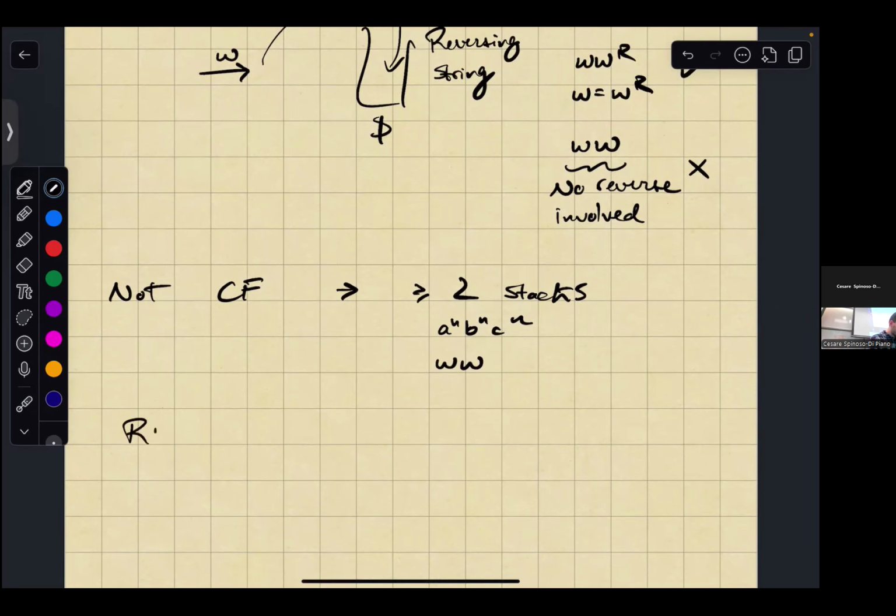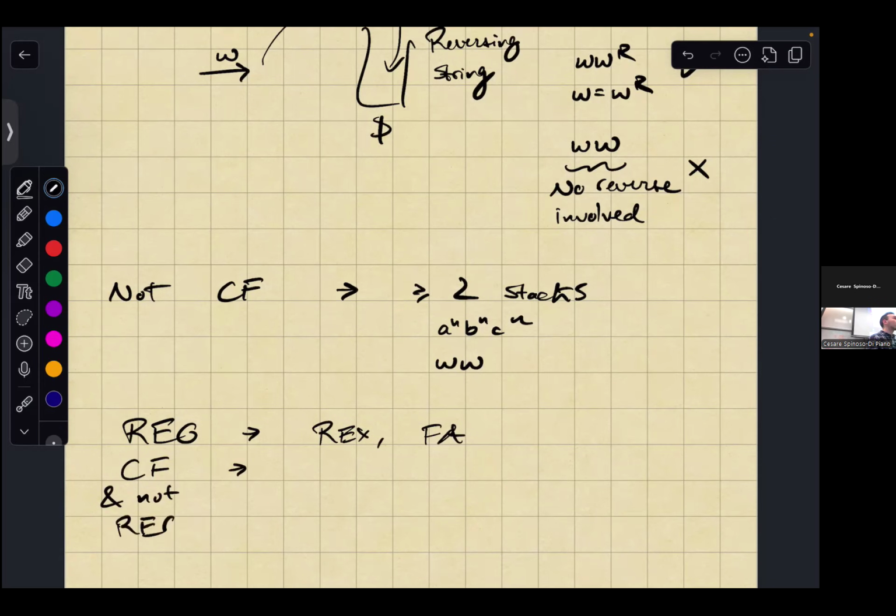So if you claim that something is regular, then you must give some kind of representation for the language, so either a regular expression or an FA. If it's context-free and not regular, then this requires two answers, right? First, you need to show that it's not regular.